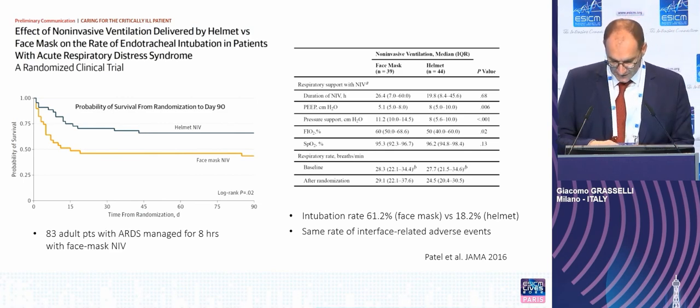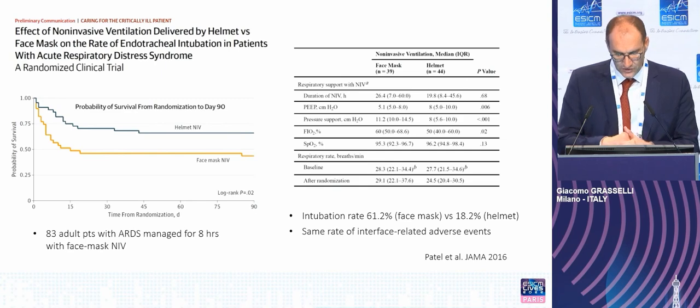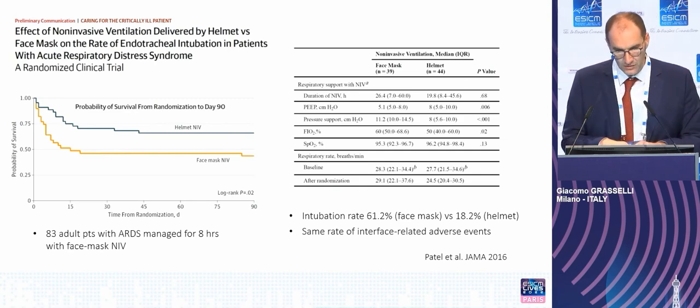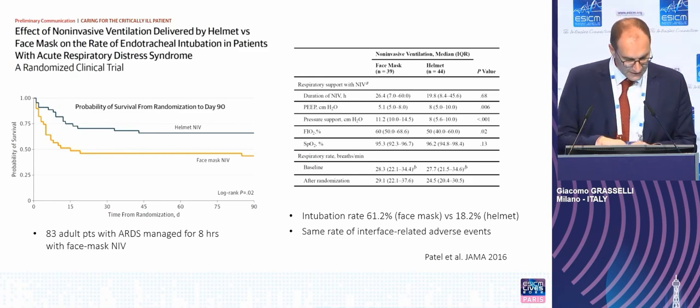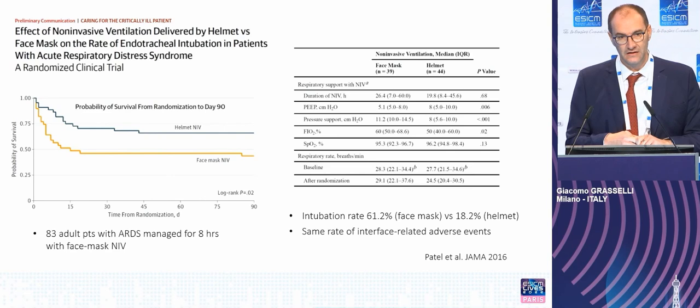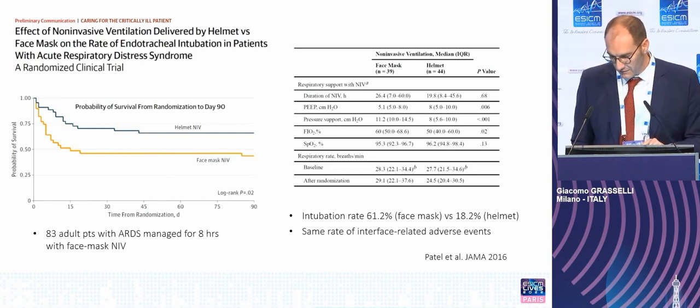And as you can see here, the intubation rate was much lower with the helmet than with the face mask. There was no difference in the interface-related events, and there was also a significant difference in survival, which was a secondary aim of the study.